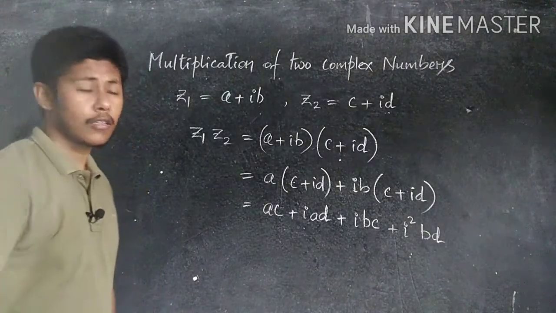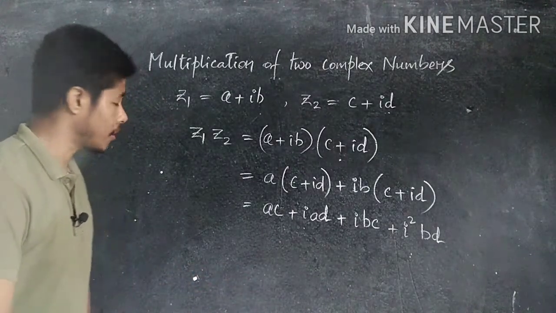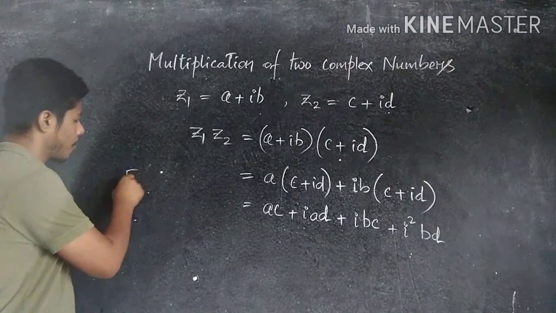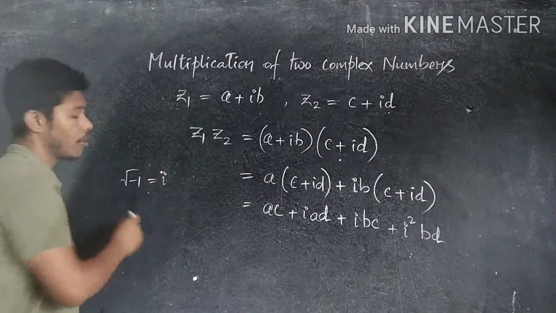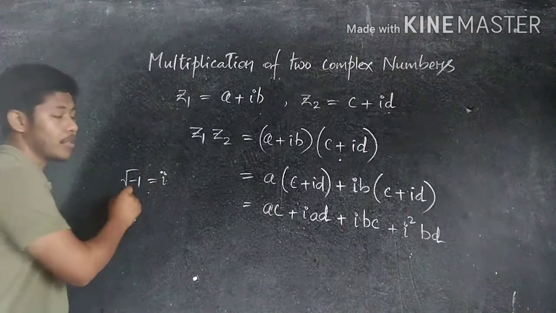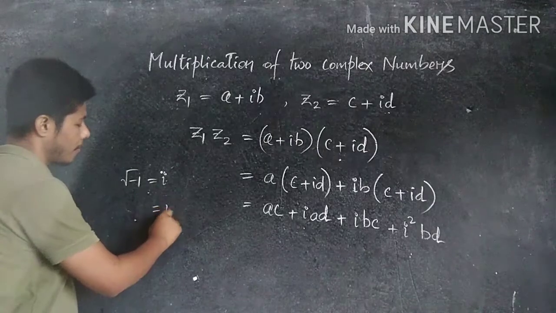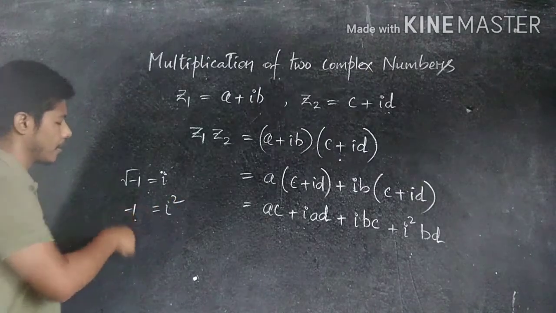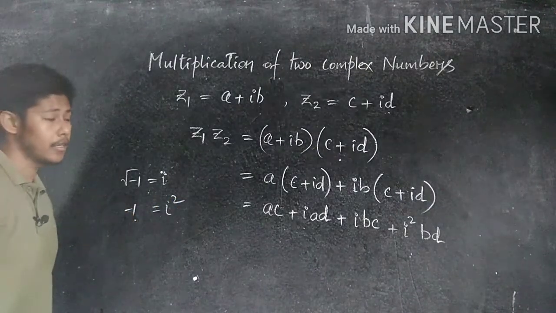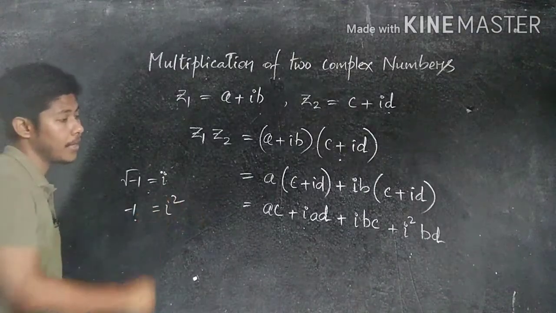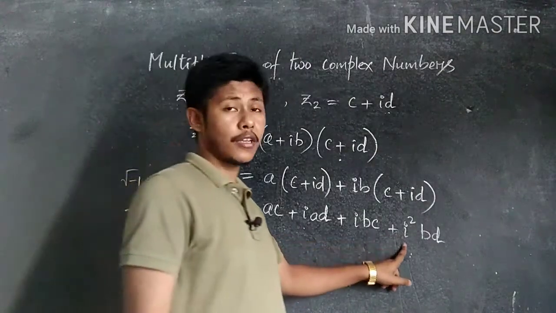Is it clear? Now one thing to see here: we know i equals root over minus 1. Already we discussed it. So if you square it, obviously we get minus 1. Isn't it? So in place of i squared we can write minus 1.